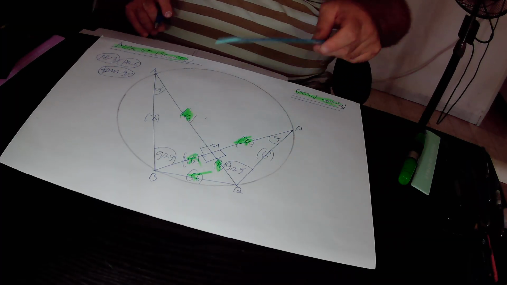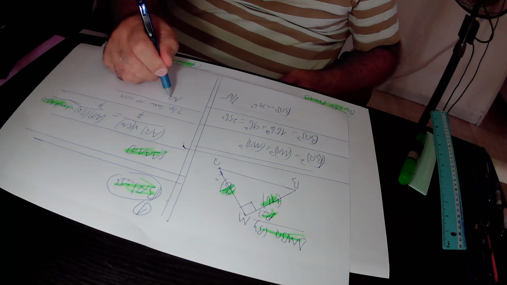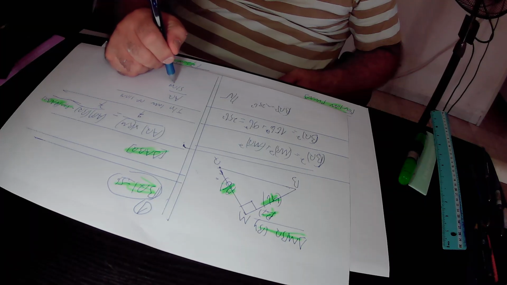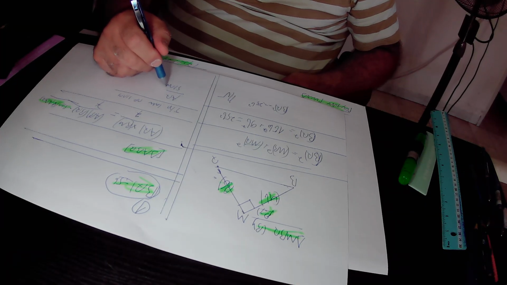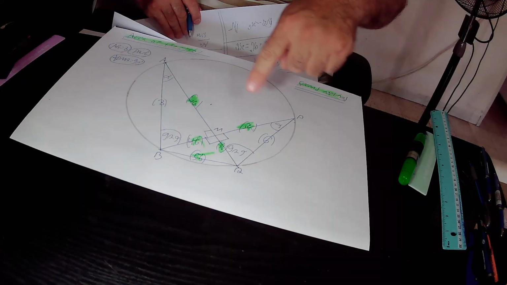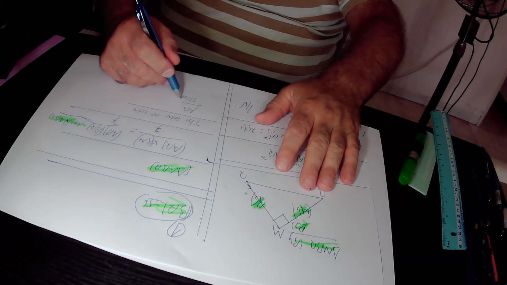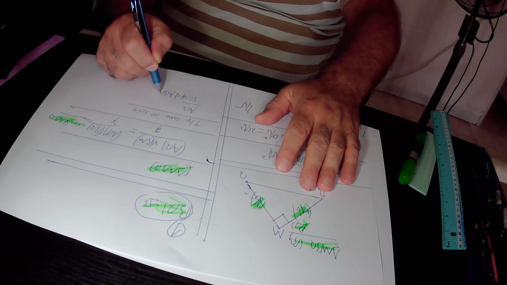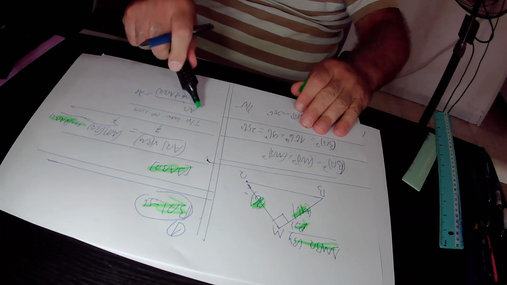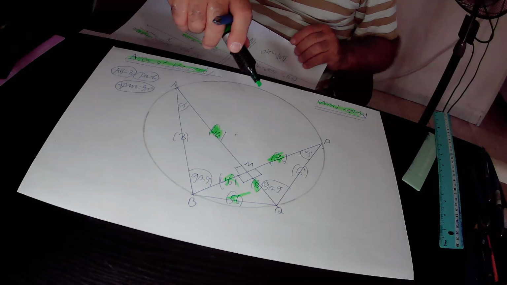Again, AQ over sine angle ABQ equals 2R, and 2R is the diameter of this circle that circumscribes this triangle ABQ.